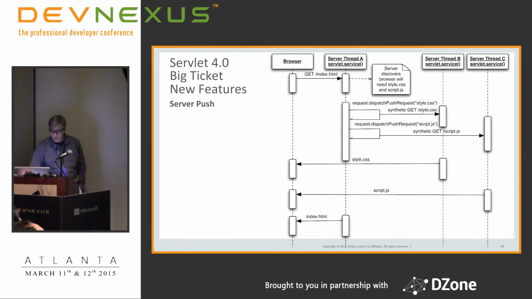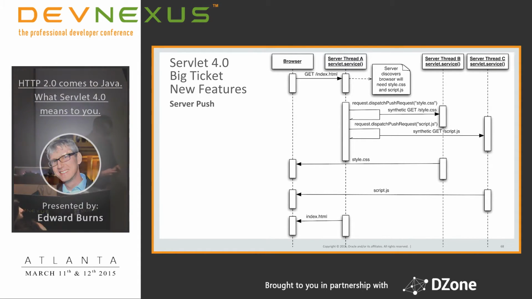You have your browser issuing the GET request. You have your server, which gets its service method invoked. The server discovers, hey, when I'm processing this HTML on the server side, if you're a web framework that is, it discovers the browser will need these two resources.